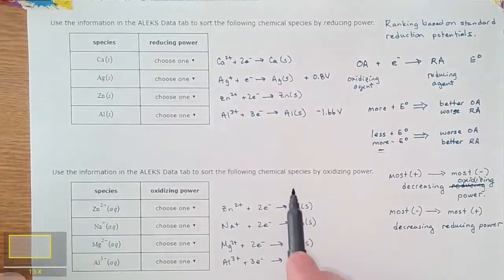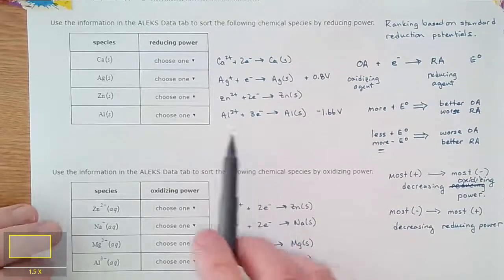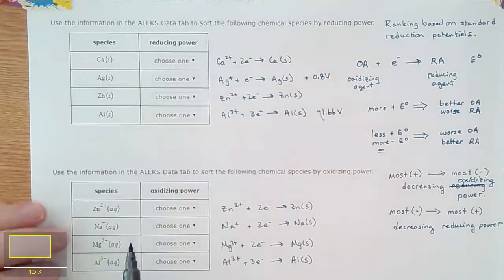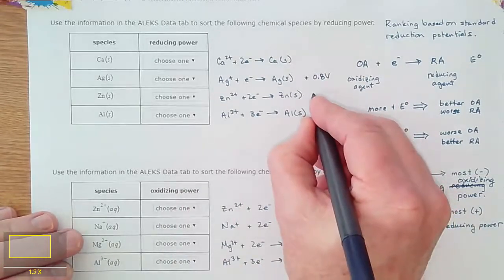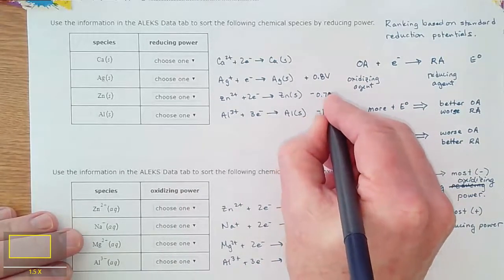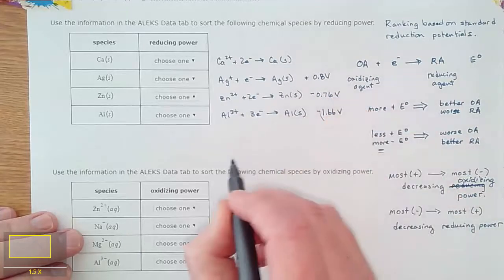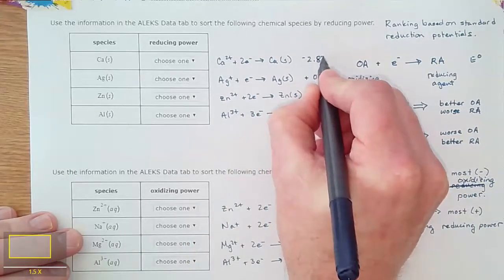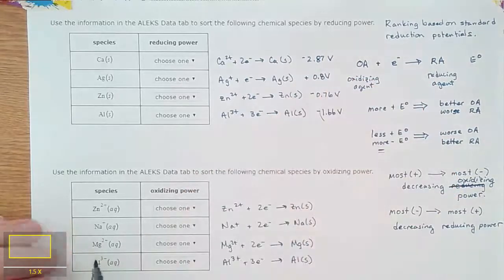Okay, so let's work through the example problems. I've given you two of the numbers that you need. The other two are negative 0.76 for the zinc and negative 2.87 for the calcium.